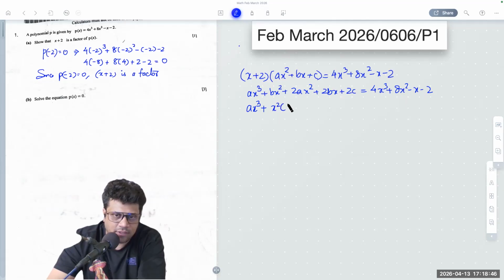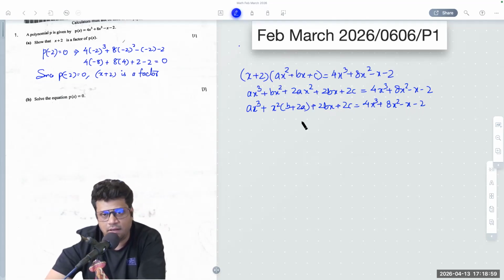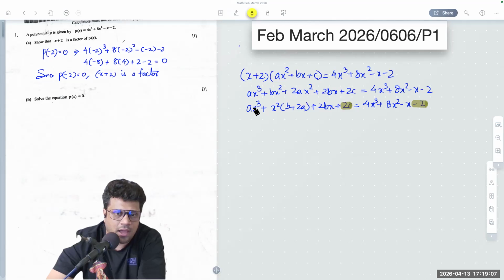So x squared with b plus 2a, with 2bx and 2c should be equal to 4x cubed plus 8x squared. And from here, I can see that by simple comparison, I know that 2c must be equal to minus 2. I know that a must be equal to 4. And I know that 2b should be equal to minus 1.